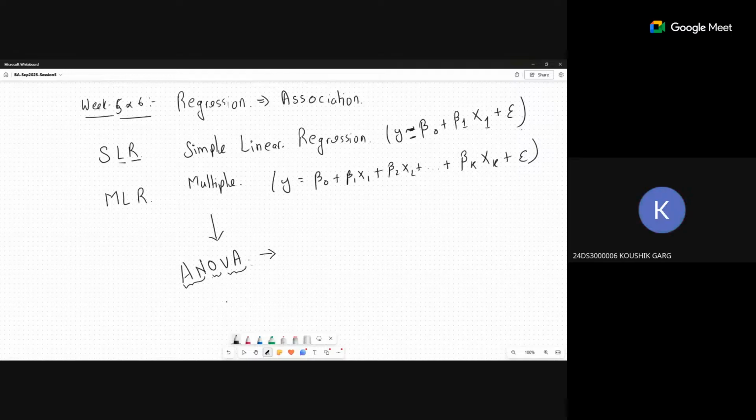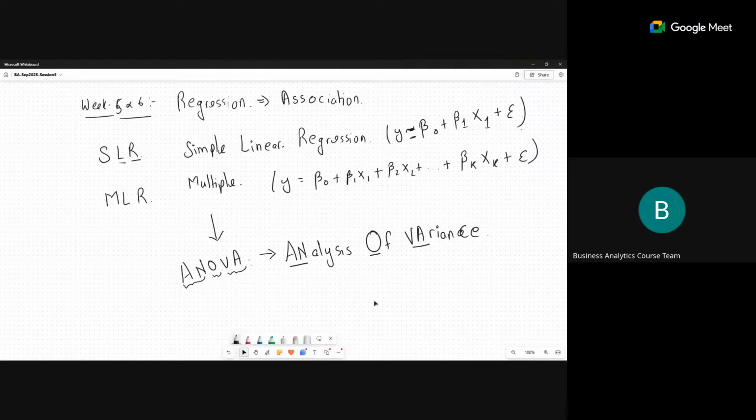It is analysis of variance. So what we are doing, we are going to analyze variance.